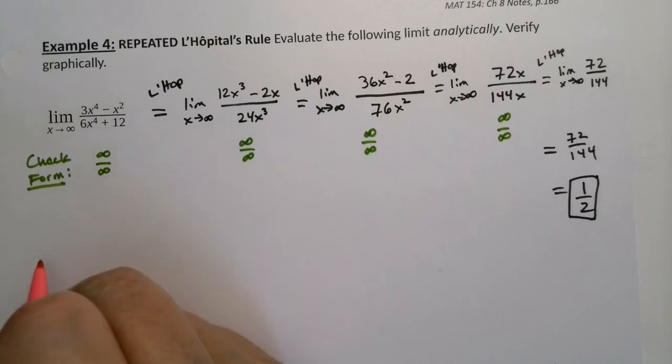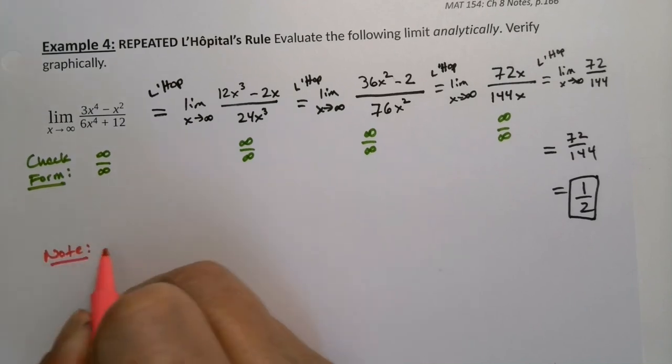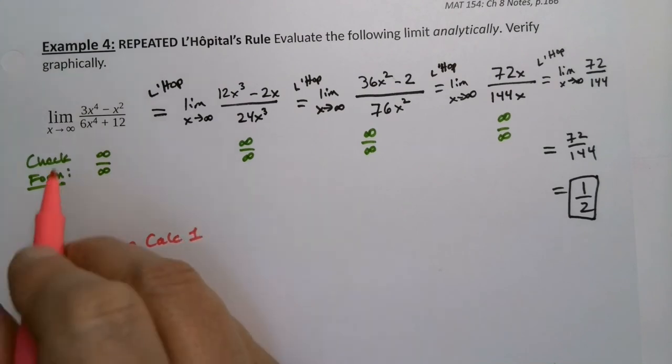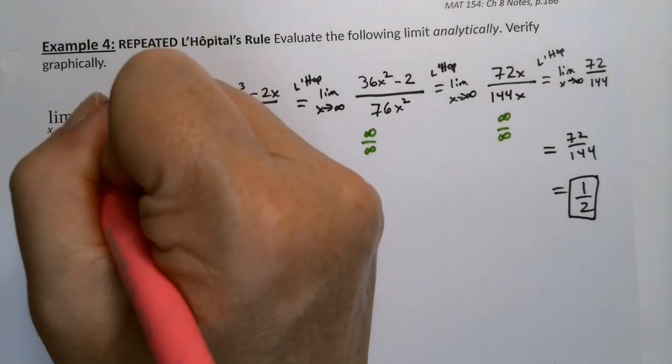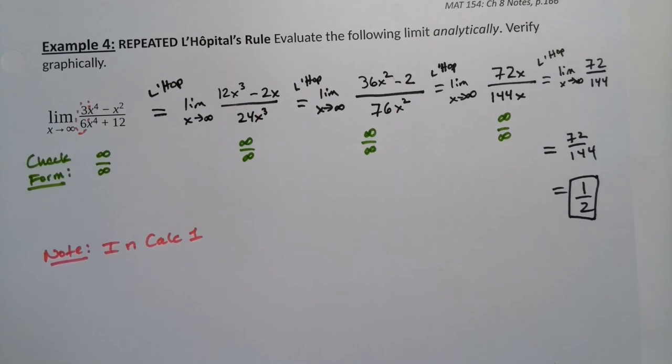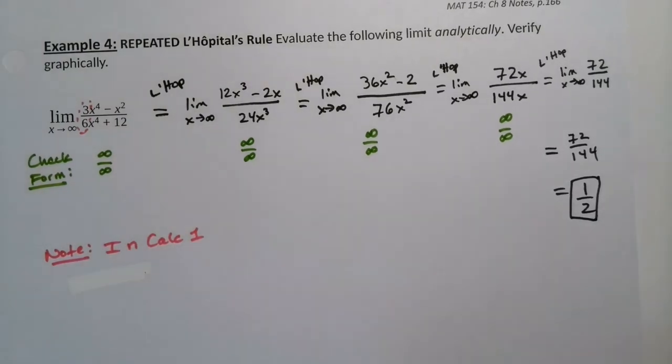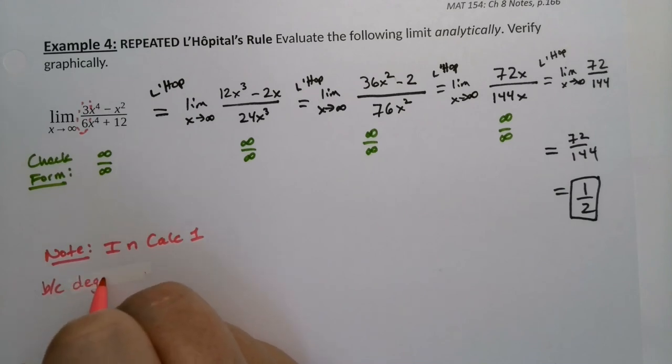So we'll make a little note. In Calc 1, your professors tell you to take the ratio of the leading coefficients, right? So they say use ratio. I should say this is because the degree of the numerator equals the degree of the denominator.